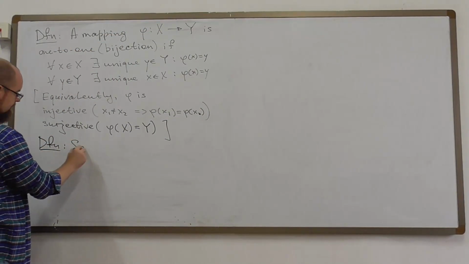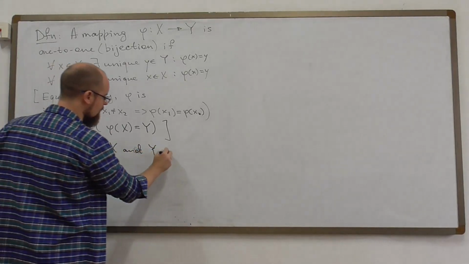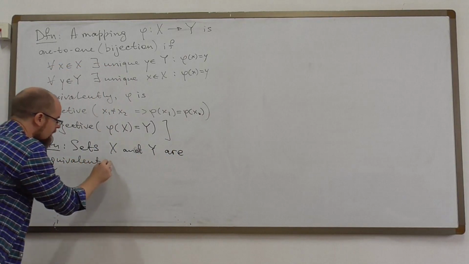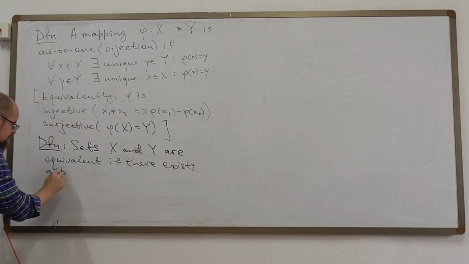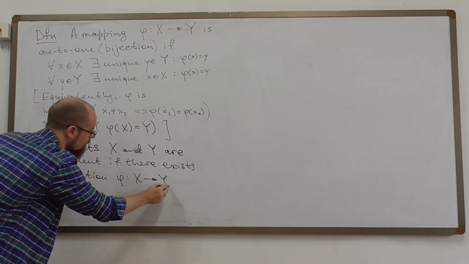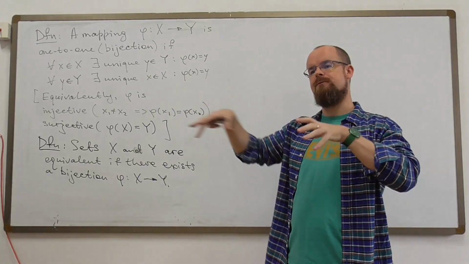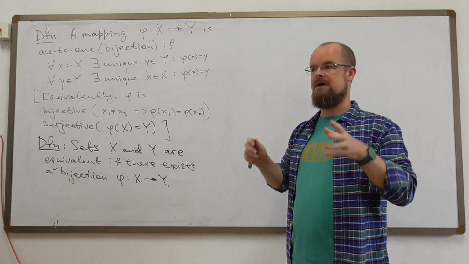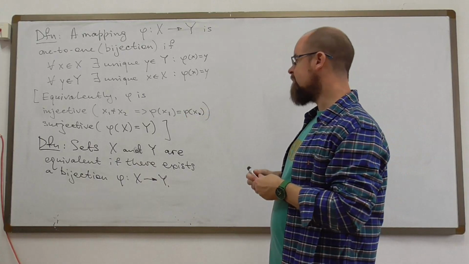Two sets, X and Y, are equivalent if there exists a bijection from X to Y. So if we have two sets and we've managed to construct a bijection between two of them, we can, roughly speaking, say that these sets have the same number of elements, although the number of elements in each of them can be infinite. That will be another definition.